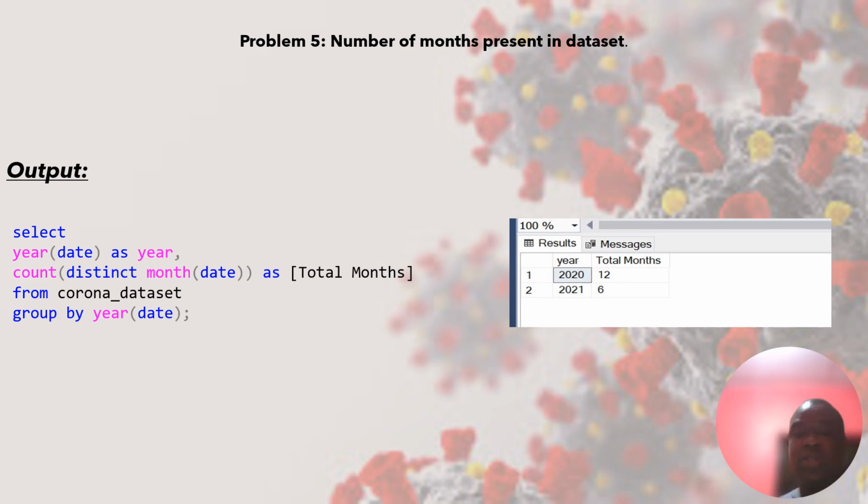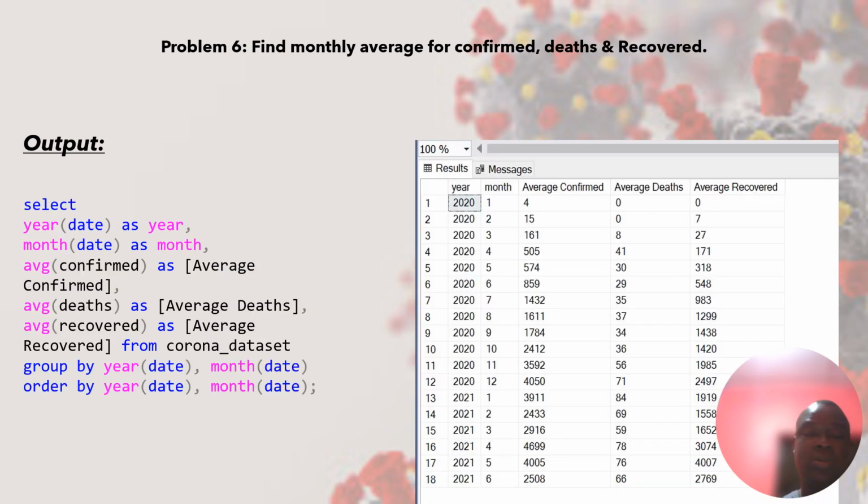In the year 2020, we have 12 months, and in 2021 we have 6 months, making 18 months in total.